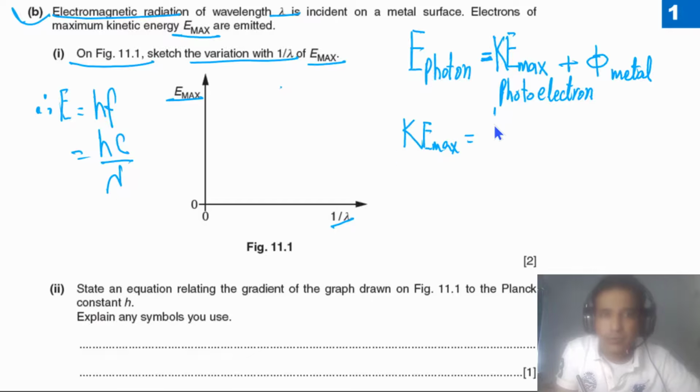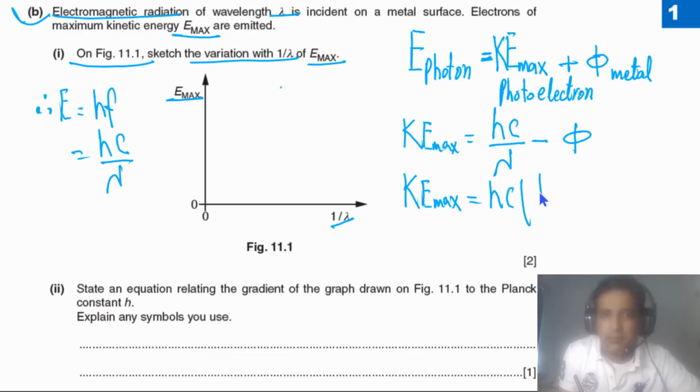So we can write down here hc over lambda minus we have work function of metal. We can further rearrange this one. We can say this is KEmax, this is equal to hc times 1 over lambda minus we have work function.